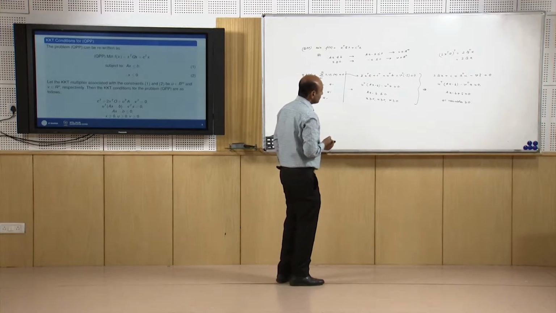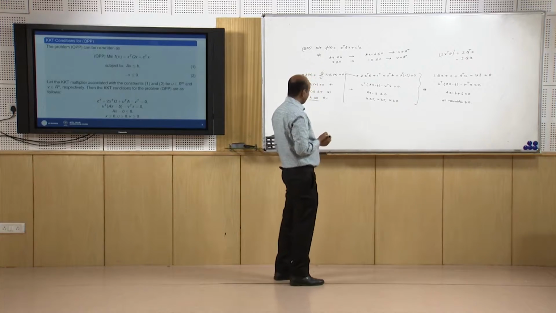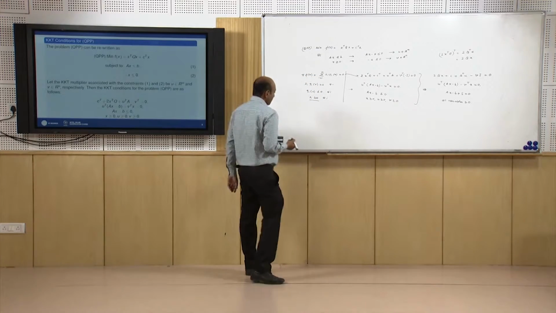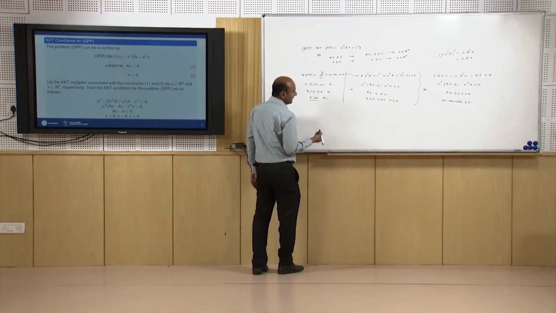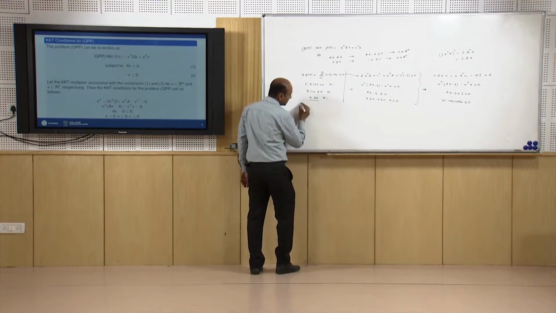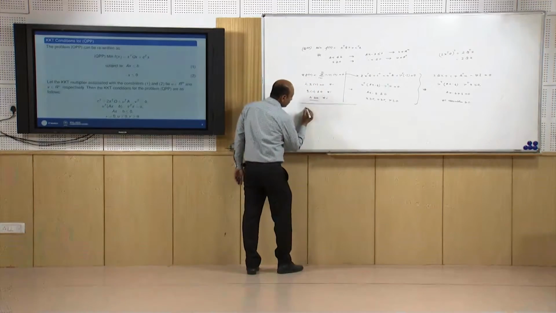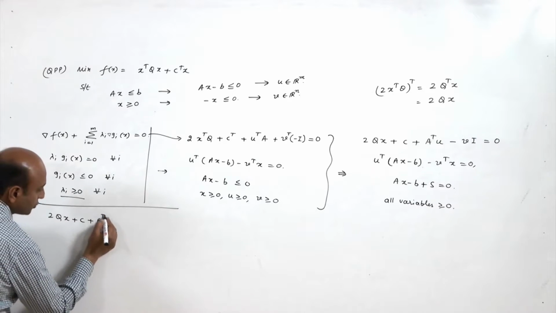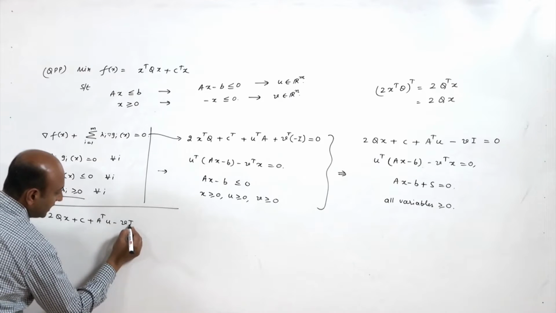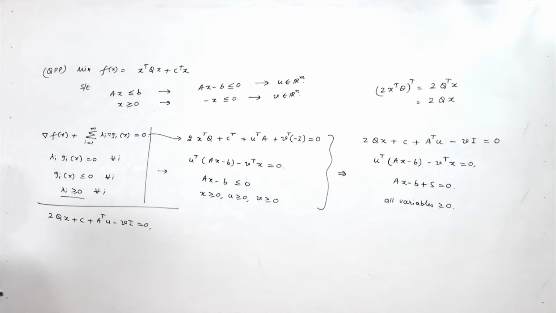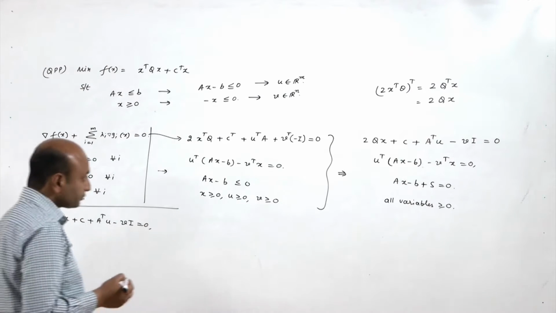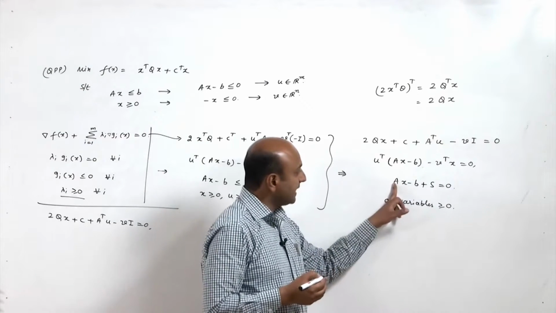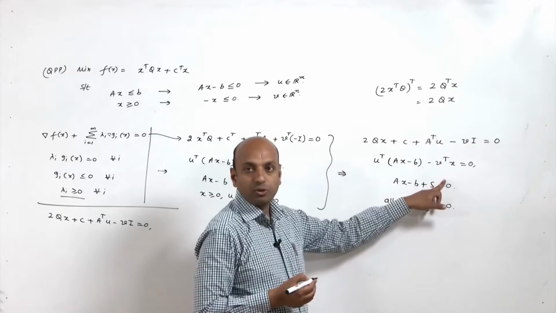Now the same conditions can be rewritten as follows. The first condition remains as it is: 2qx plus c plus A transpose u minus v equal to 0. Now if you see the second condition, it is Ax minus b plus s equal to 0.